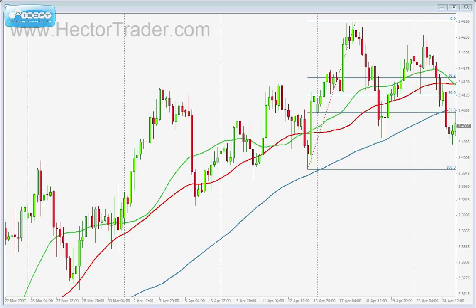The bears still are showing quite a strength, and sooner or later they will regain control of this market. And the actual turning point comes at this final swing.